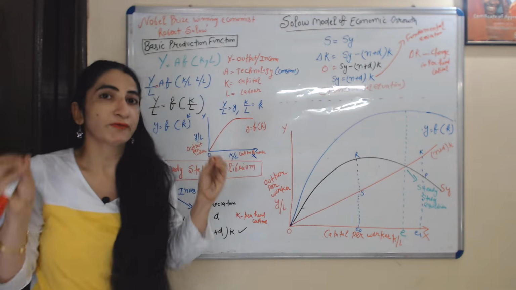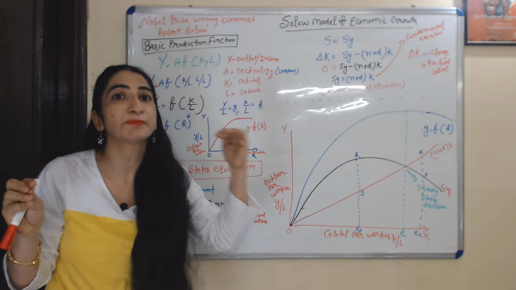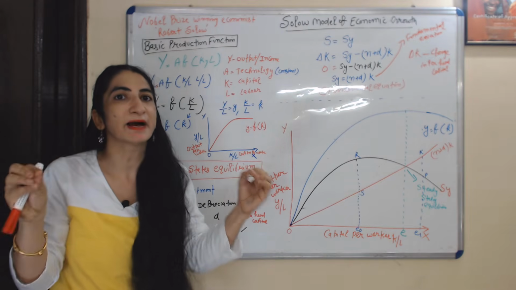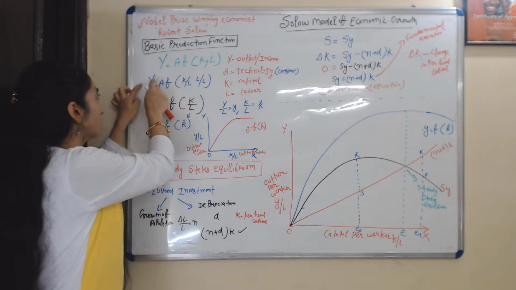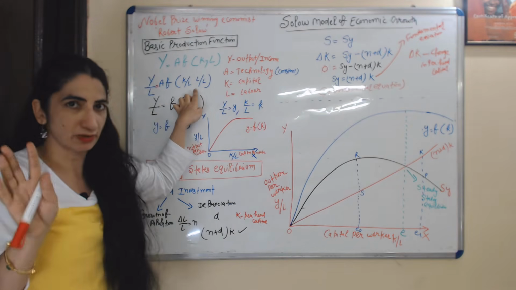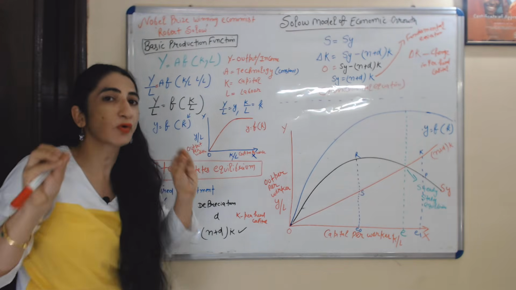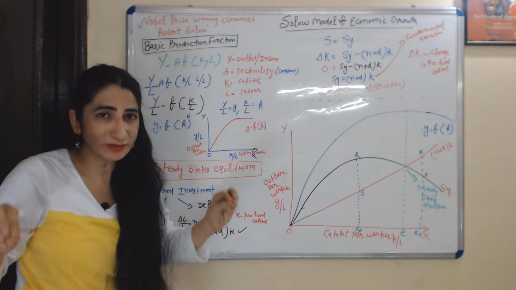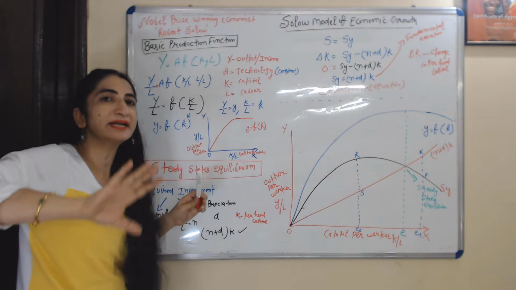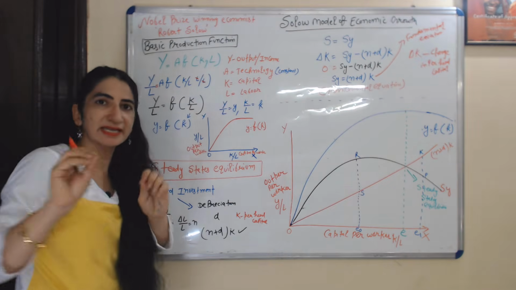Now, for getting per unit of labor, for getting how much each worker is producing, we need to divide both sides by L. Now we get Y over L, K over L and L over L. As we assume technology is constant in this model, we can ignore A. We need not write A. This L and this L will cancel each other.